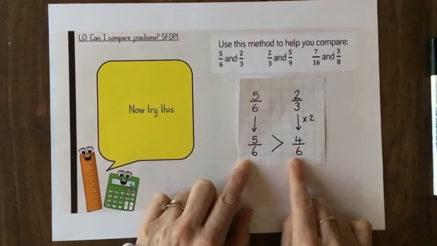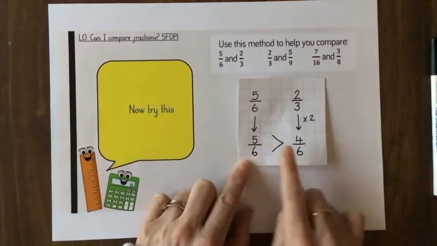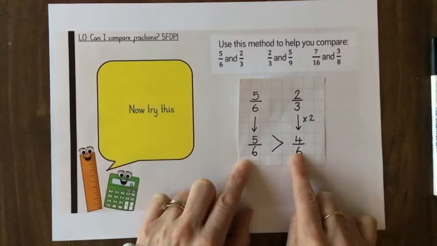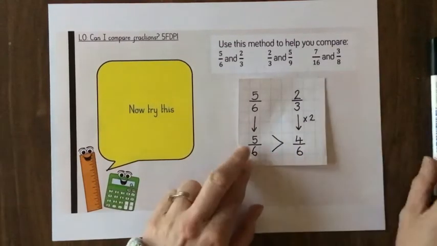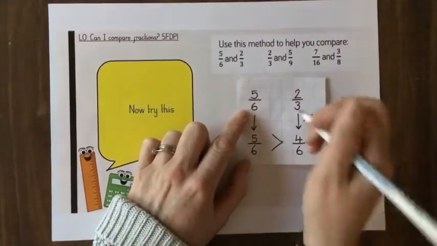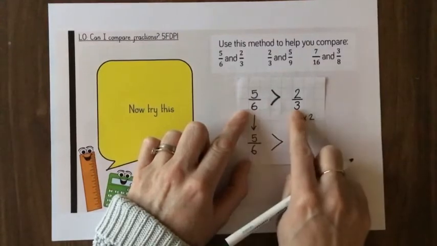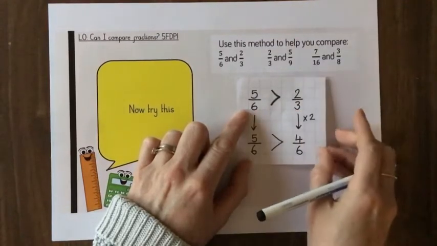So we end up with 4/6. If we compare 5/6 and 4/6, we can see that 5/6 is the greater. So in our original question, we can say that 5/6 is greater than 2/3.